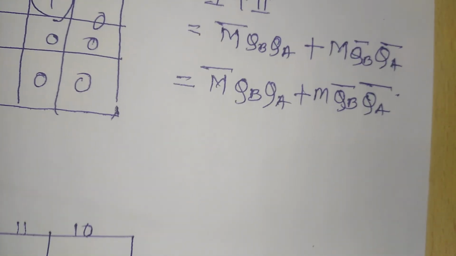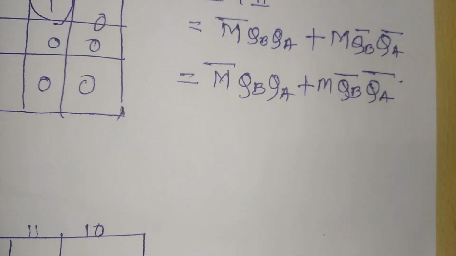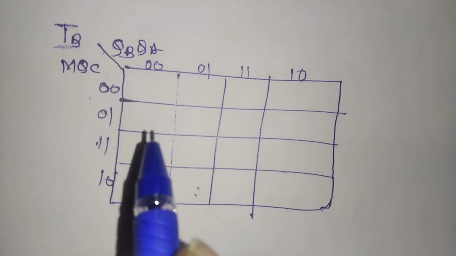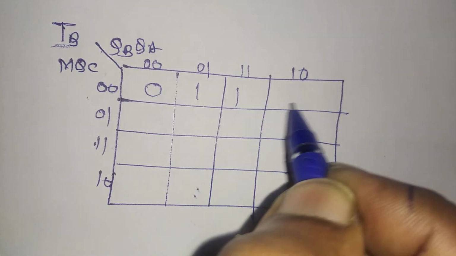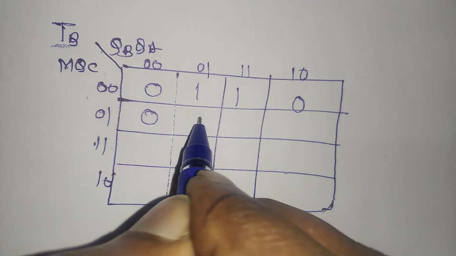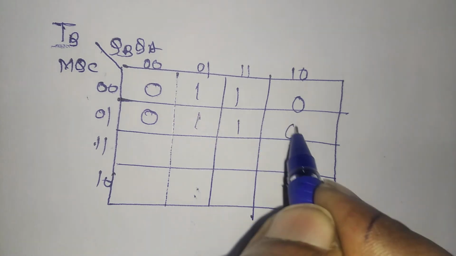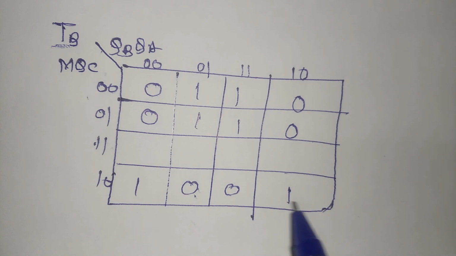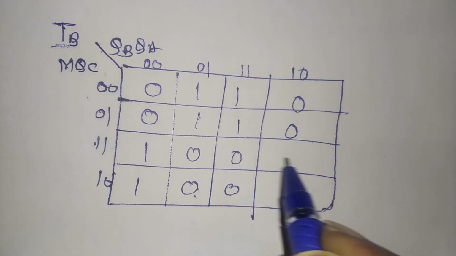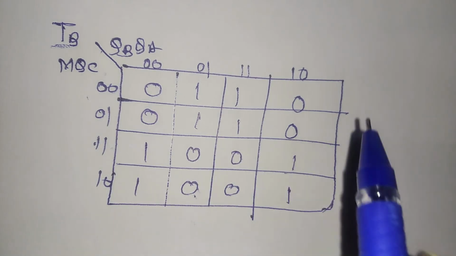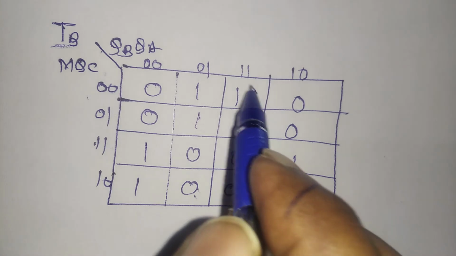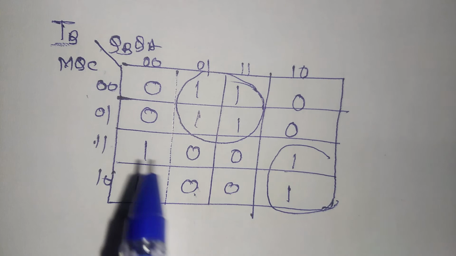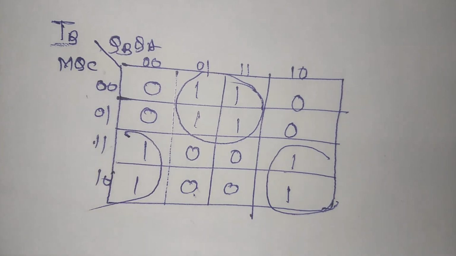Now equation for TB. I am directly writing the values 0 1 1 0, 0 1 1 0, 1 0 0 1, 1 0 0 1. So, you can form the group of these 4 adjacent cells plus these adjacent cells and these adjacent cells.